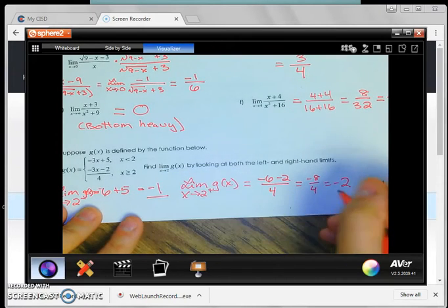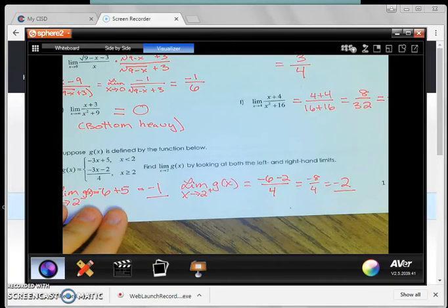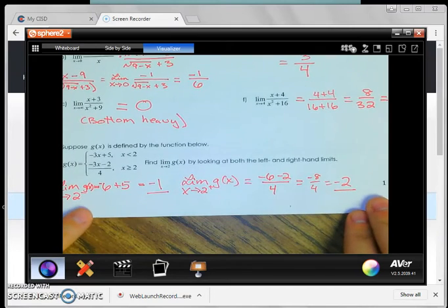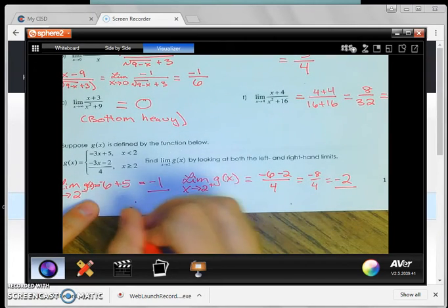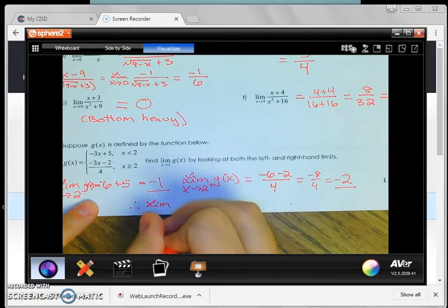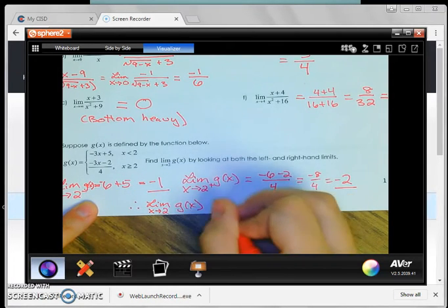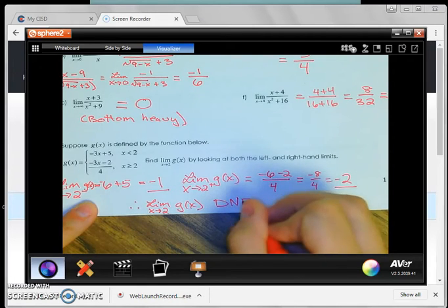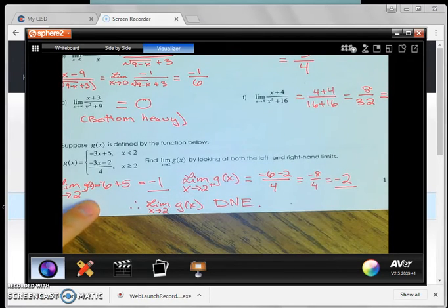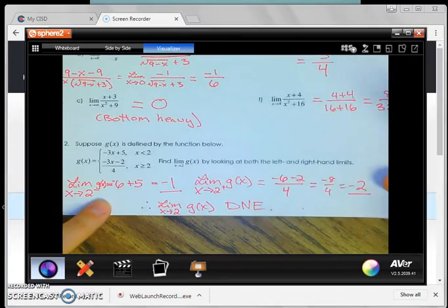So negative 1 and negative 2 are not the same number, so you can conclude that the limit does not exist. So therefore, the limit as x approaches 2 of g of x does not exist. And you're done there. And that's the first page.